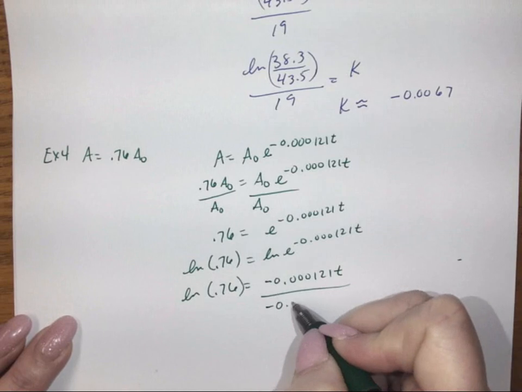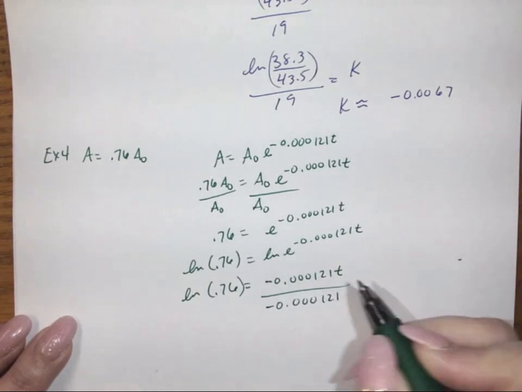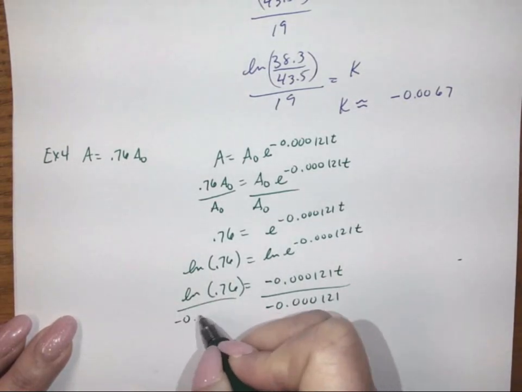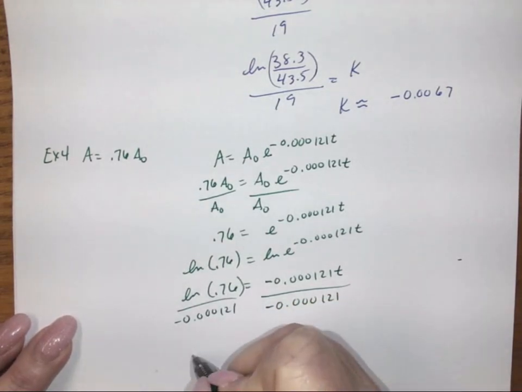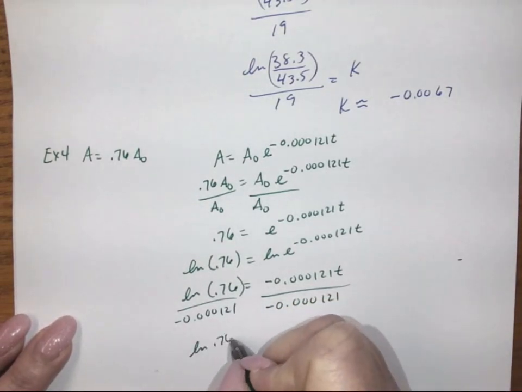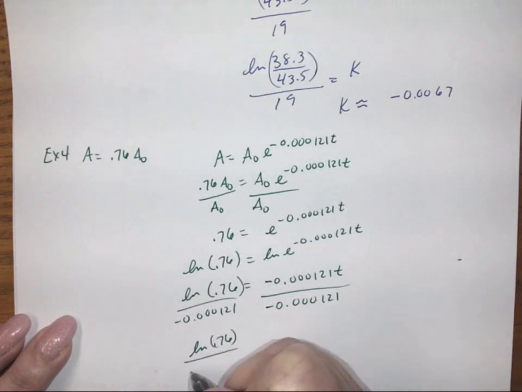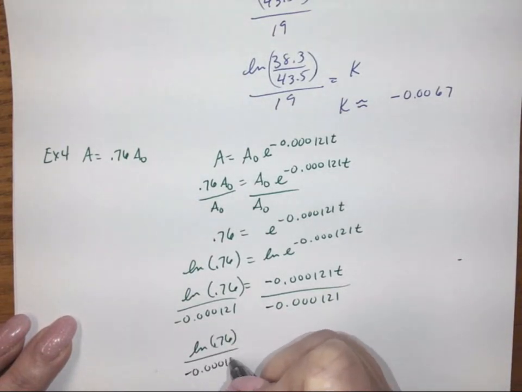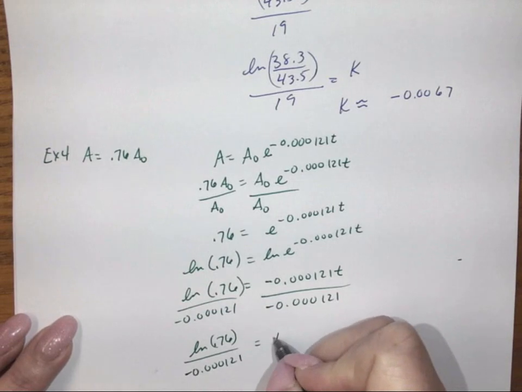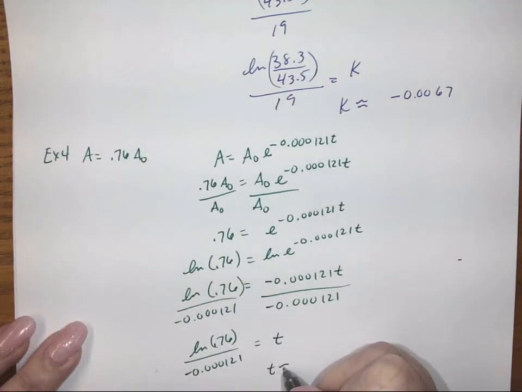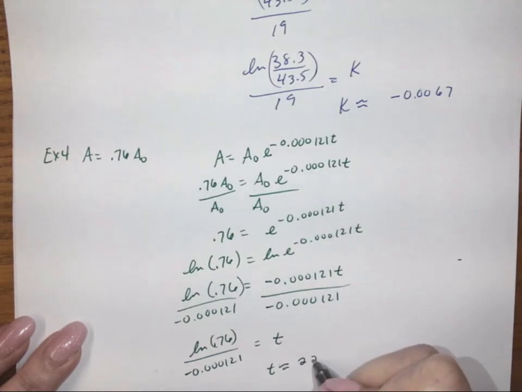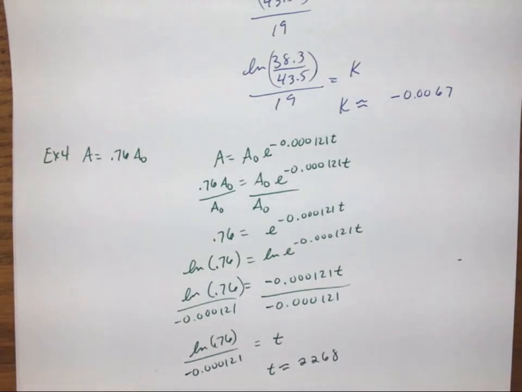Divide by negative 0.000121 so that we get t by itself. So the ln of 0.76 divided by negative 0.000121 is going to be equal to our t. And so t is equal to 2,268.